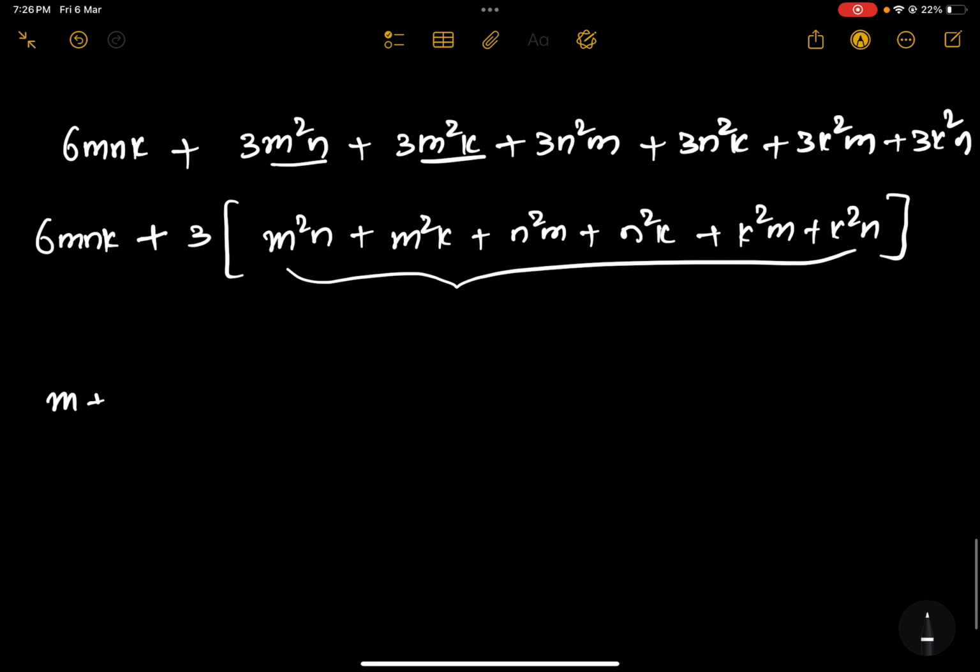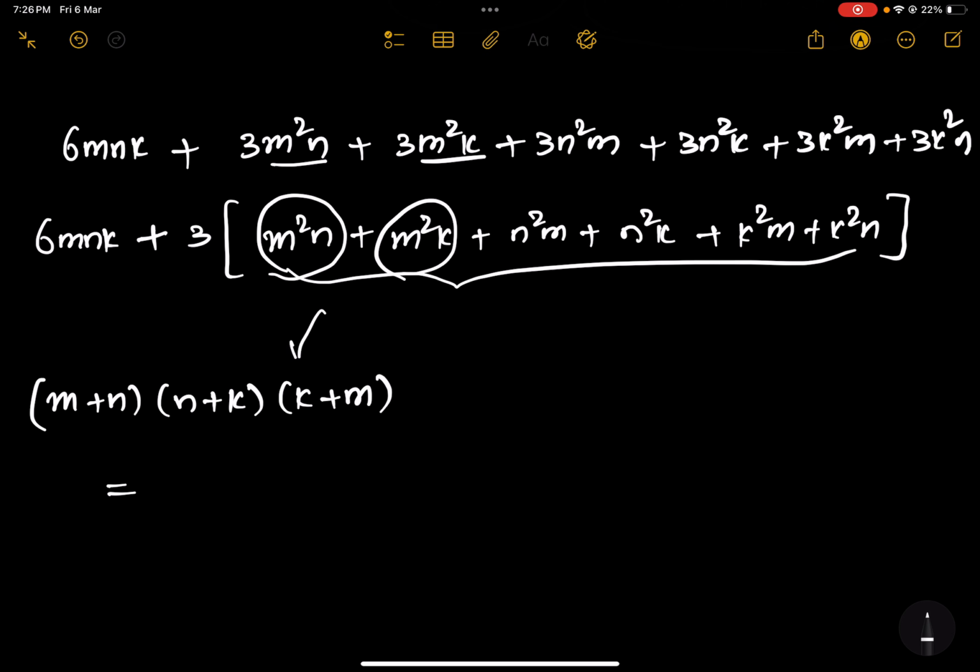If you consider the product (m plus n), (n plus k) and (k plus m), what will this product give you? You have to get this idea. You cannot come and ask me why I am expanding this particular product, because if you have done your algebra thoroughly, you will know that these terms are generated from this expansion.